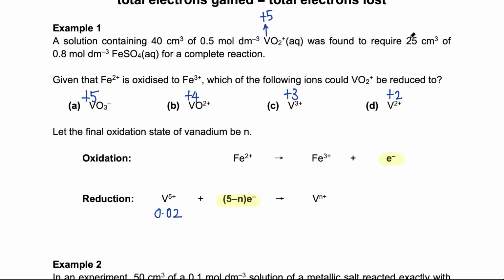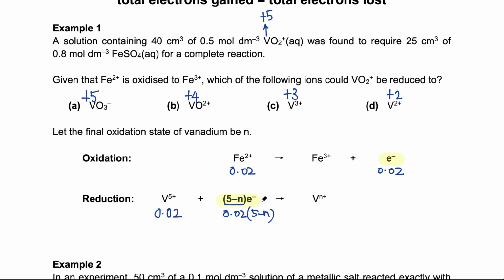For the other side, 25 cm³ of 0.8 mol per dm³, it is also 0.02 mole. Using mole ratio, this would be 0.02 mole electrons because it is 1:1. Now here is 1:5 minus n. This is the coefficient. That means the number of moles of electrons here is 0.02 times 5 minus n.